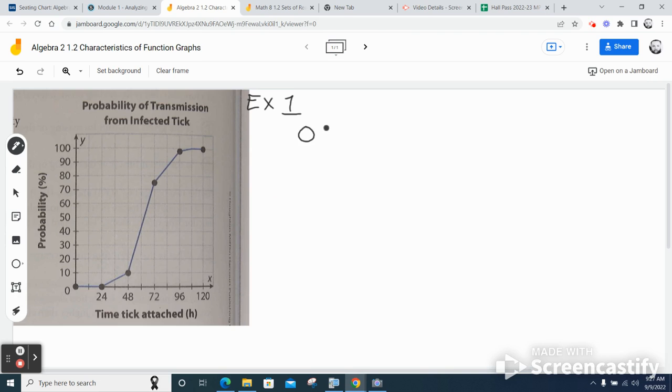So from 0 to 24 hours, we're going to call this the domain. And then the range, remember that the range is the percentage or probability.